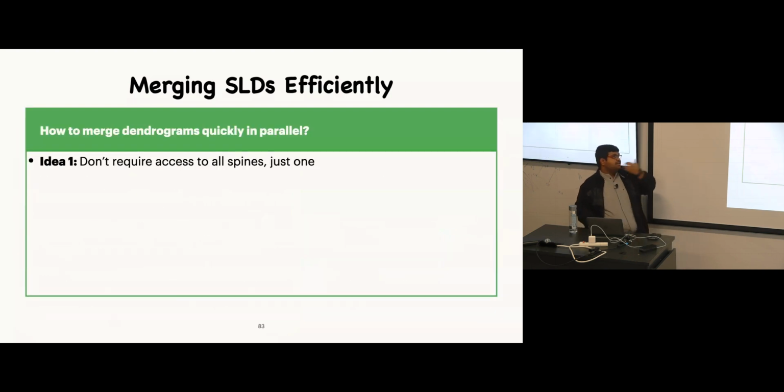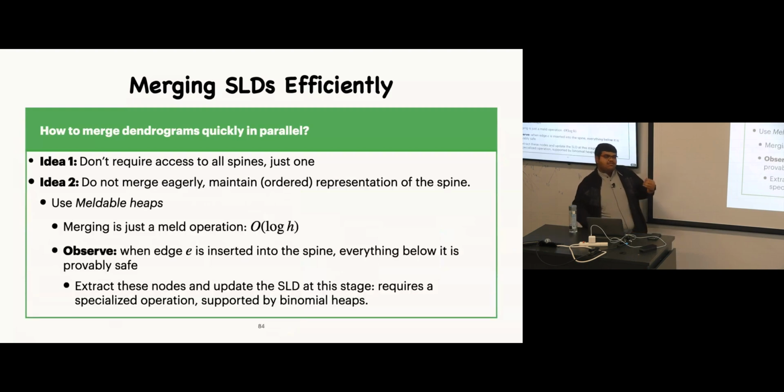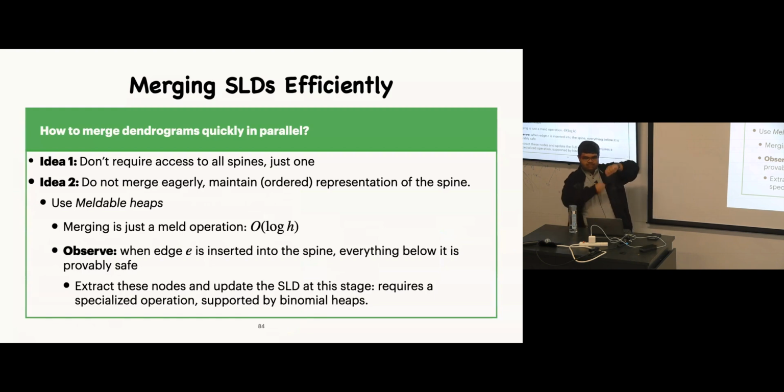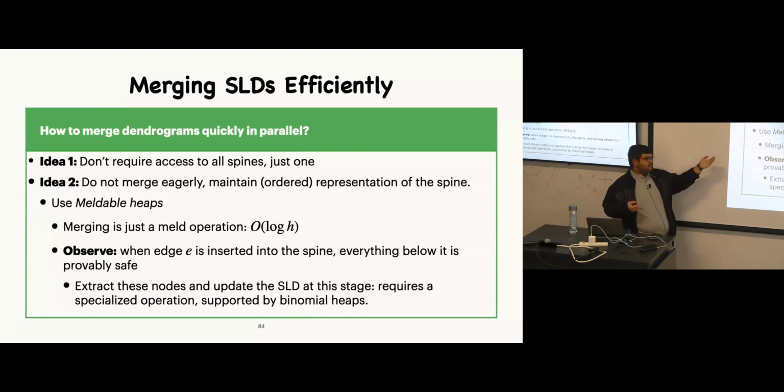So first, we determined that all we need is a single spine. And the second idea is to basically not do the mergers eagerly. Since we are always maintaining a single spine, which is a sequential set of things sorted in non-decreasing weights, instead of storing them sequentially, we can store them in some sort of ordered data structure, for instance a heap, right?